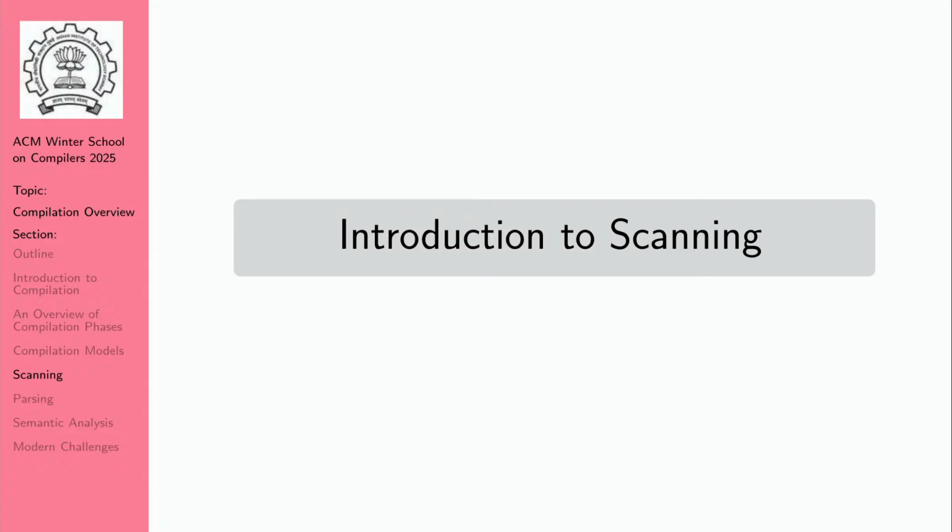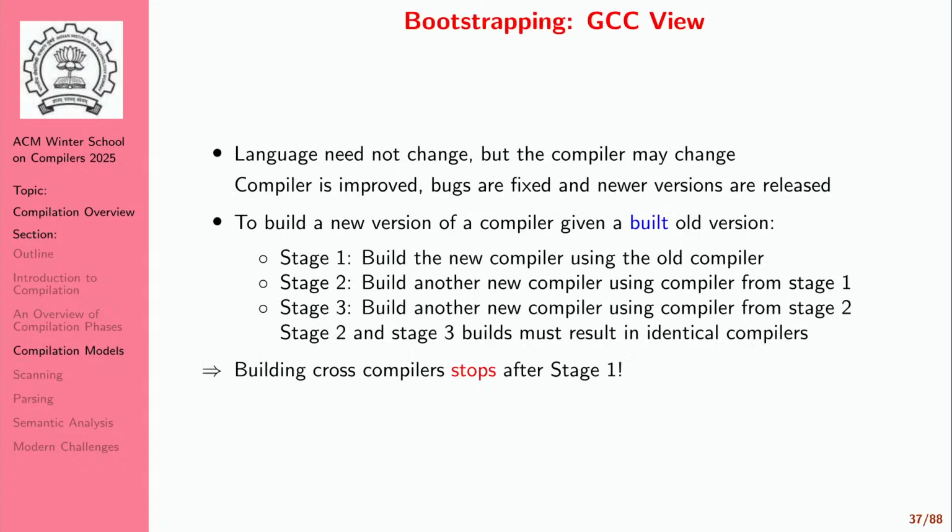We stop at 2 or 3. Let me just check. Yeah, no, 3, sorry. Then I go to another level. I feed this and I get another, GCC triple prime, and these two have to be the same because these two have been compiled using a compiler which has identical optimizations.